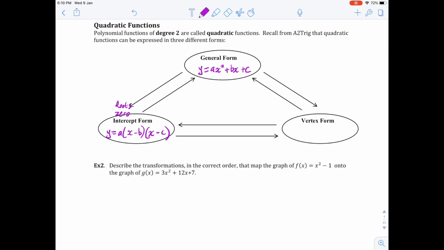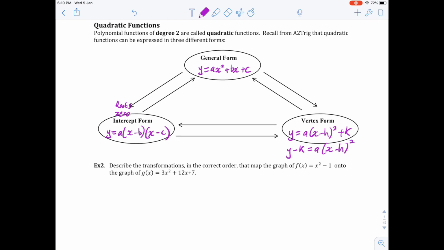And then the vertex form is the one we just used when we completed the square, a times x minus h all squared plus k, or the version of this that I prefer, y minus k is equal to a times x minus h all squared. We would accept either one of those, whatever your preference is.